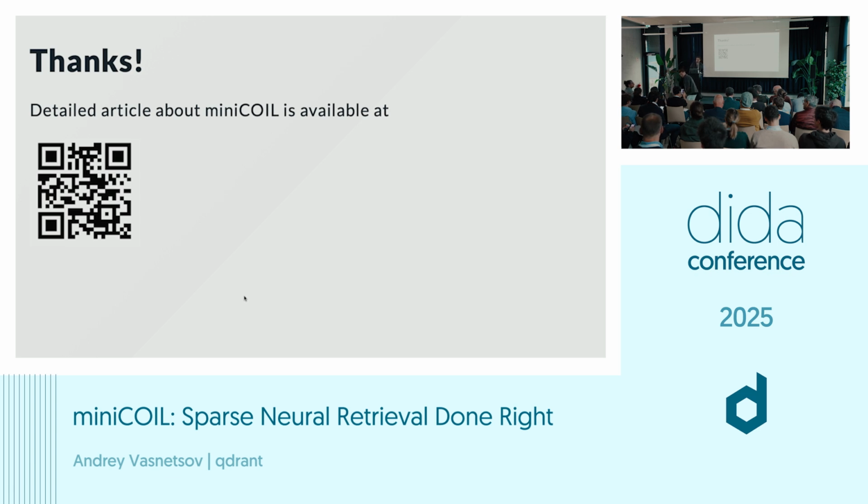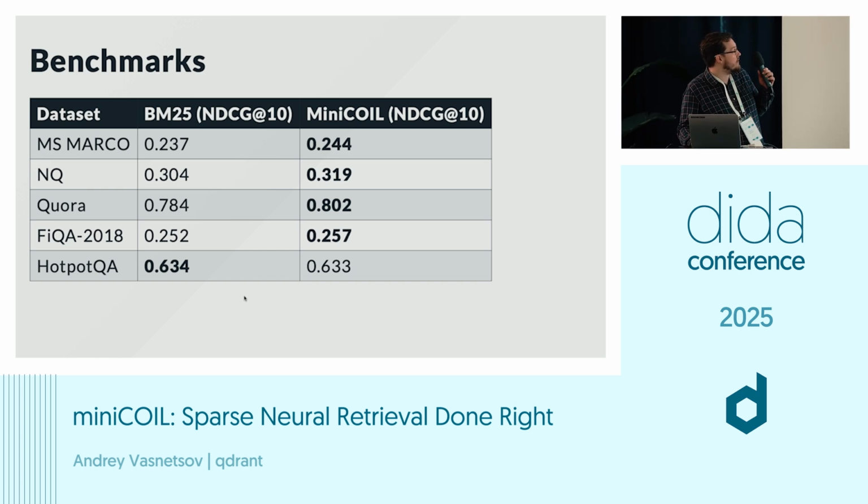Thanks for the nice presentation. You already mentioned that the computational effort we have to invest is basically similar to what we would need to do for hybrid search. So do you have metrics on how miniCOIL compares against standard hybrid search? So we compared it against the sparse component of vector search.